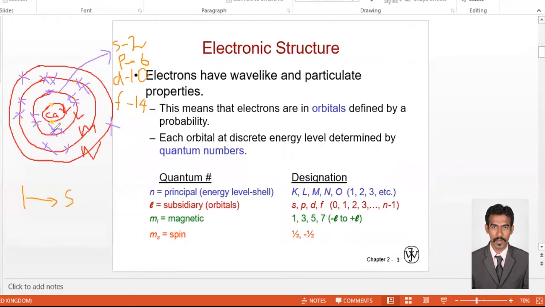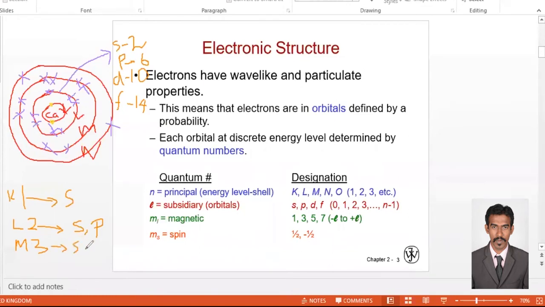In the second orbit, that is the L orbit, this is your K orbit, and in the L orbit, the second orbit, we will have s and p. In the third orbit, which is our M, we will have s, p, and d.